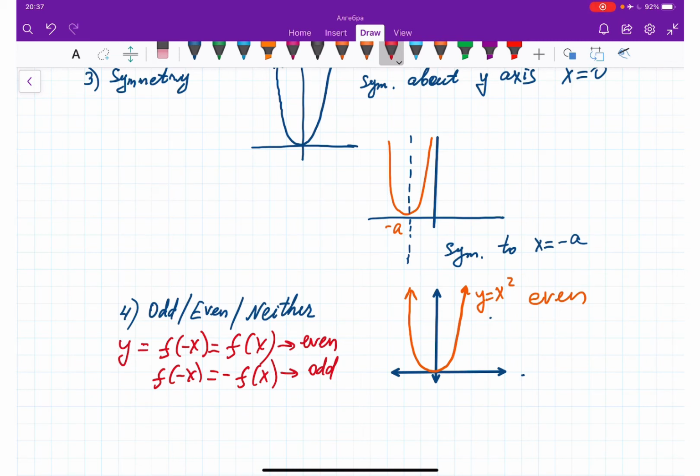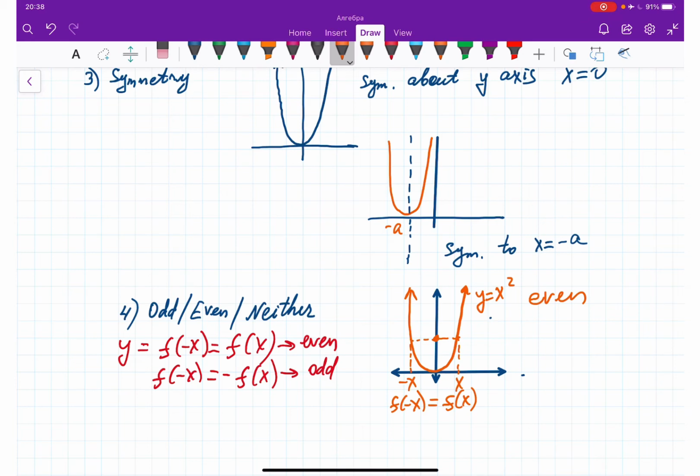So let's take this negative x and this positive x. They share the same positive y, which means f of negative x is the same as f of positive x.